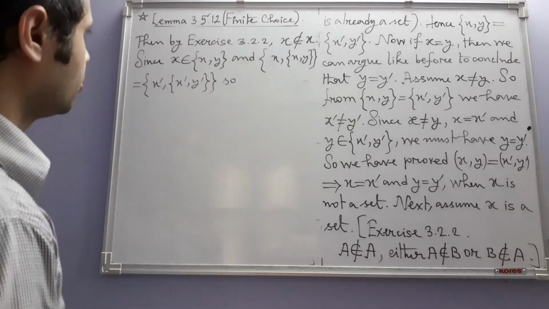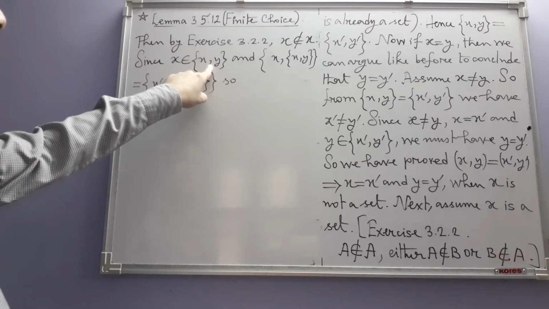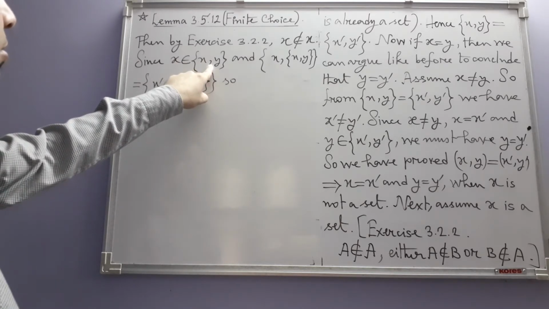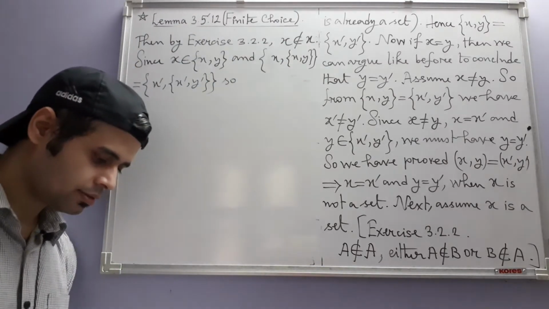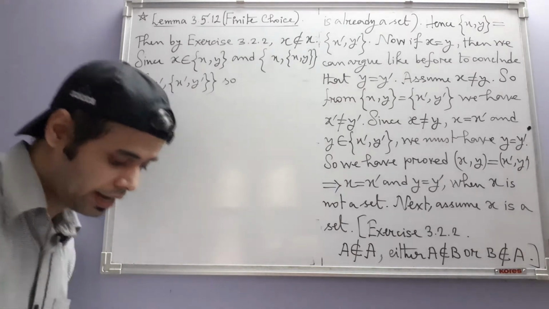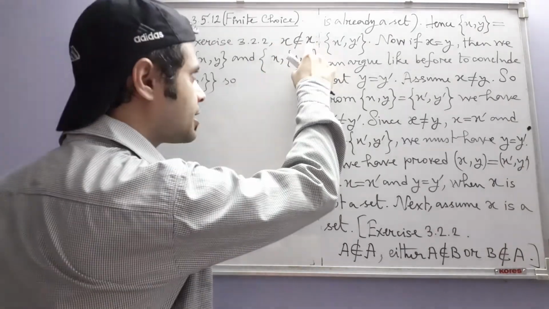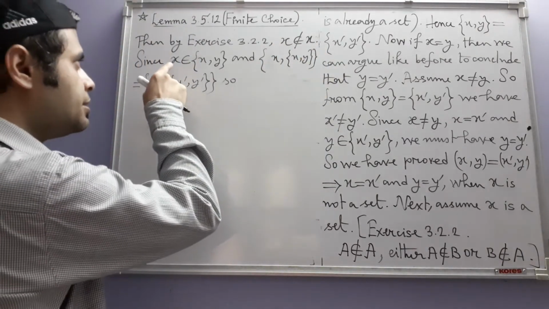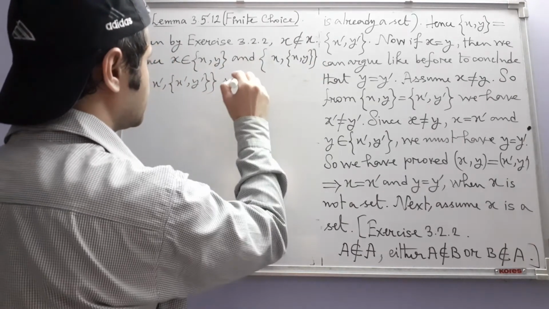Okay, can we conclude like that? Since x belongs to this, is there a mistake here? Let me see. No, oh, I get the point now. x does not belong to x as an element. So since x belongs to this set, this set cannot be equal to x.